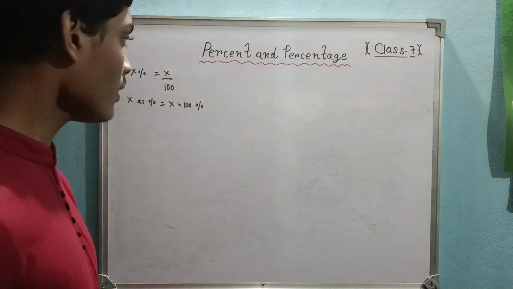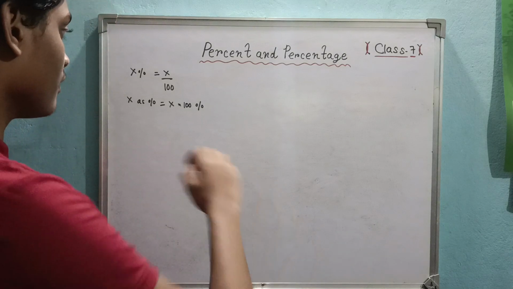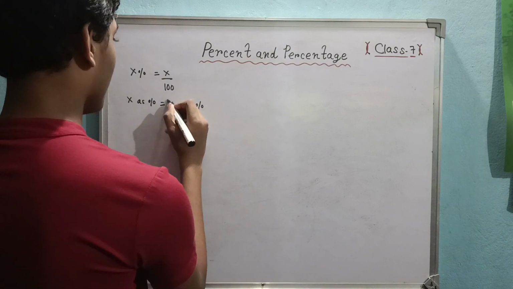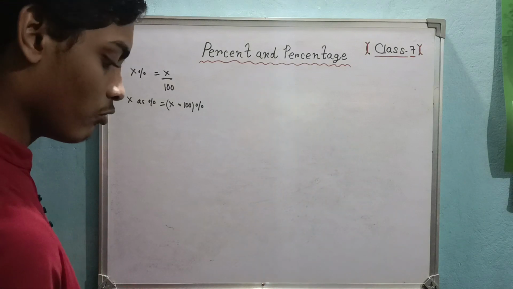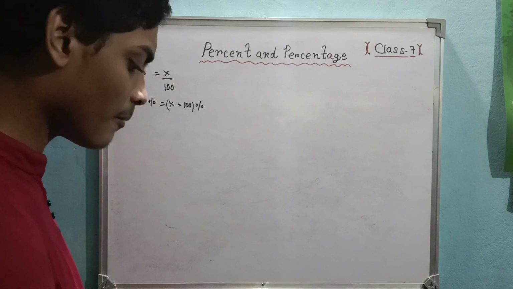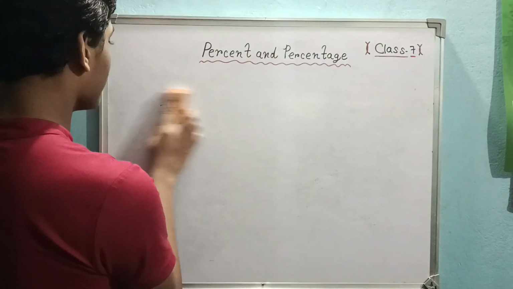So x% means x by 100, and converting x to percentage, it is x into 100%. Remember these two things and you can solve the whole chapter. You do a lot of sums as it is an easy chapter. Let us see what we have here today.